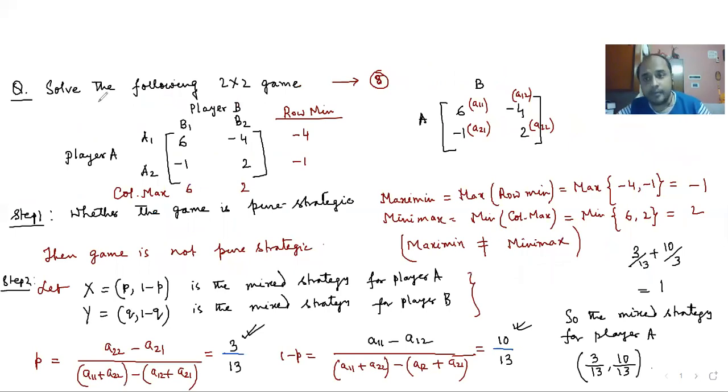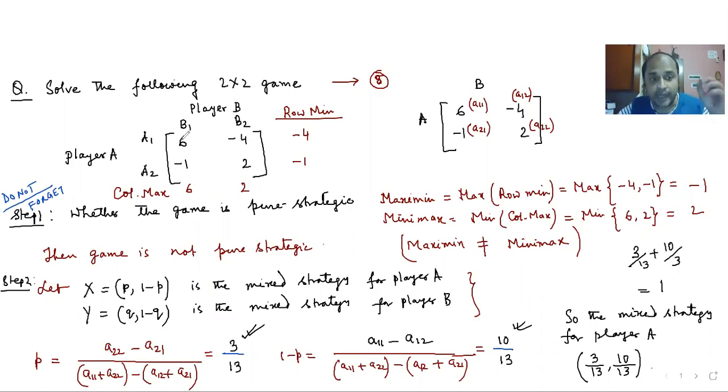But the important point is that you have to first check. Do not forget to apply step number 1. Suppose I give you a game matrix whose maximin and minimax values are the same, so a value of the game is already present.